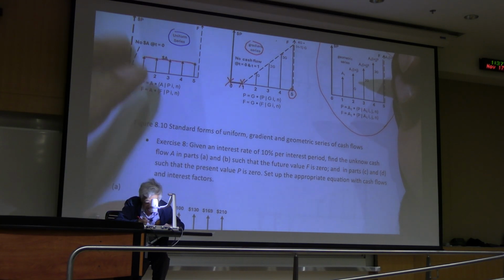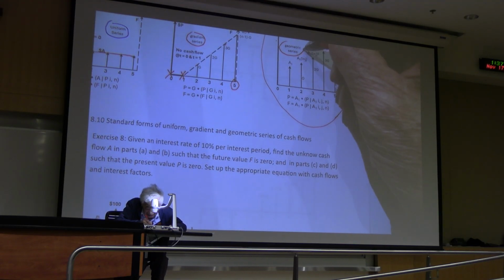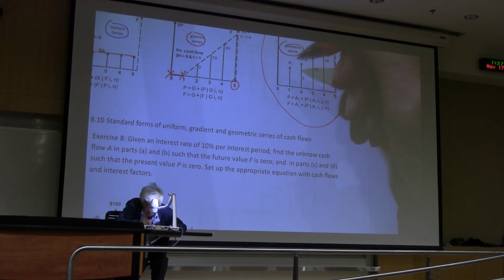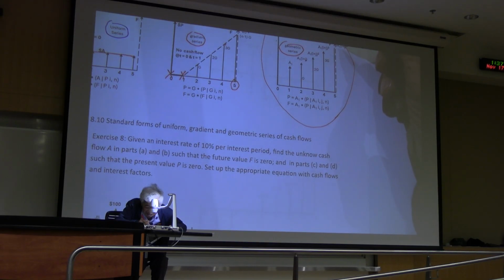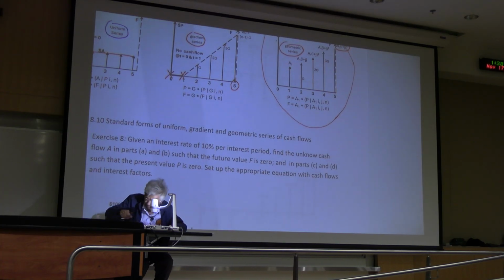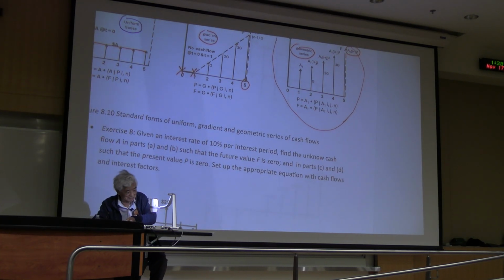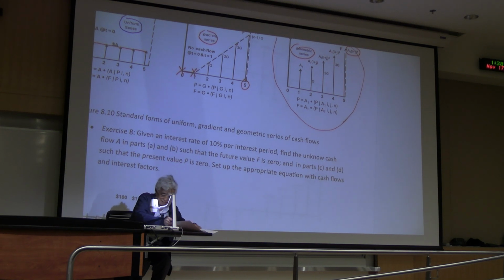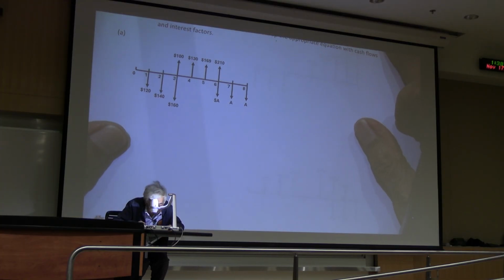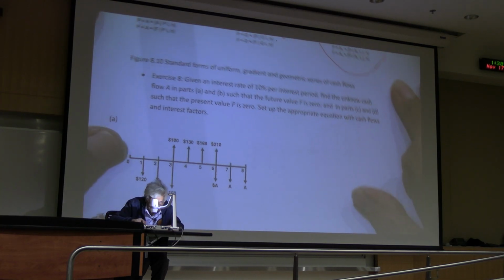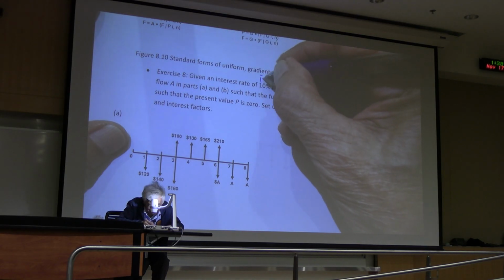And today we just learned geometric series. A1, growth rate j. The last term, A1 times (1 plus j) to the 4th power. So now, let's do it together. Given the interest rate i equal 10%.